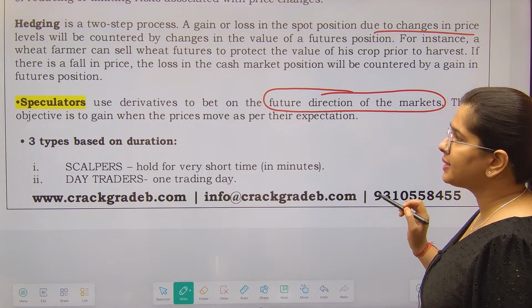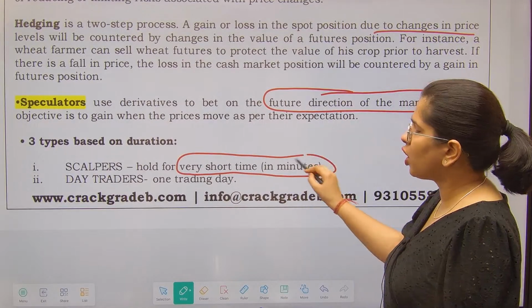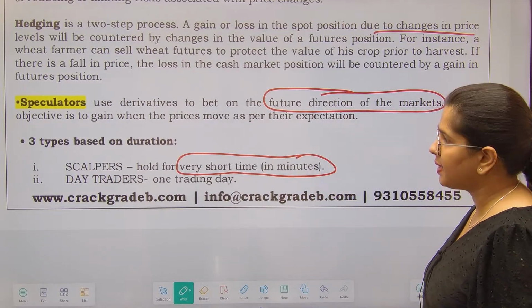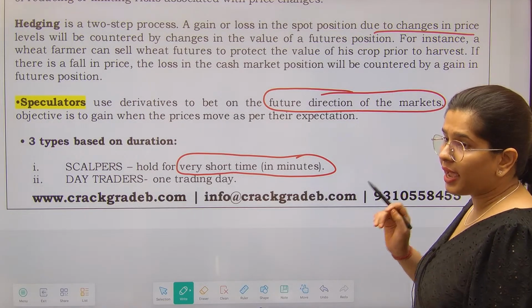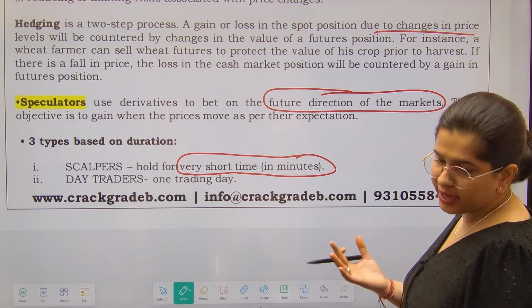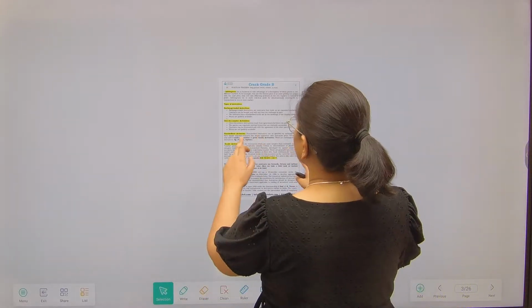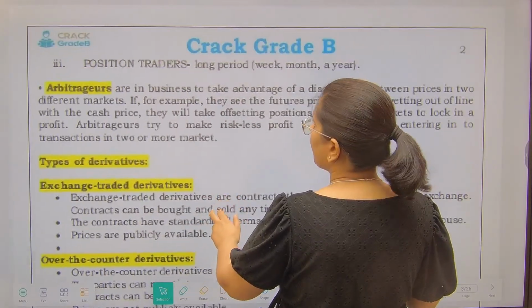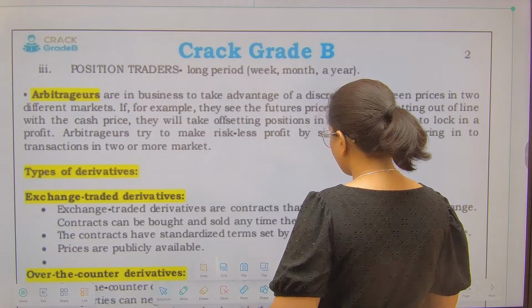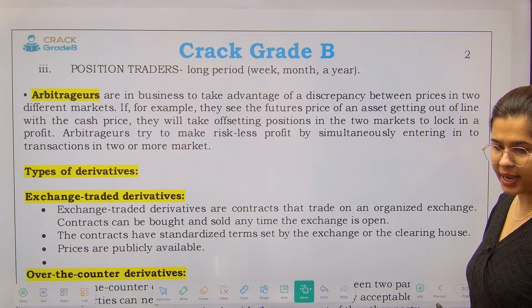One is called scalpers. Scalpers hold the derivative contract for a very short time, just for minutes. Next we have the day traders. Day traders enter into the derivative market, or take a derivative product, just for one day. And then you have the पोजीशन ट्रेडर्स. पोजीशन ट्रेडर्स मतलब ये लंबे टाइम के लिए लेते हैं. So this is what you have to remember when we are talking about speculators, right?